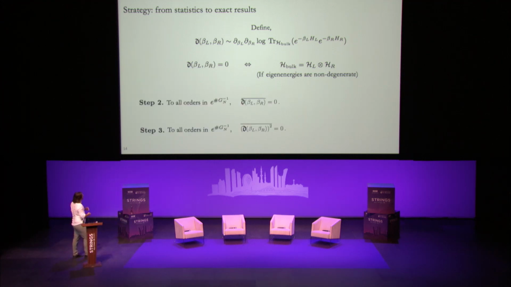What we'll manage to show, and I won't focus on this as much today, so feel free to ask me afterwards, to all orders in 1 over G Newton and to all orders in e to the S naught, is that this differential vanishes on average, and this differential squared vanishes on average.